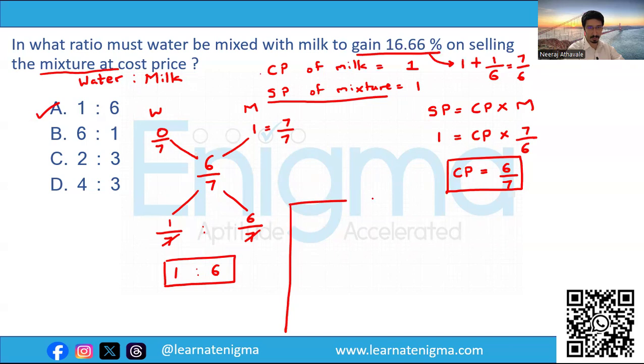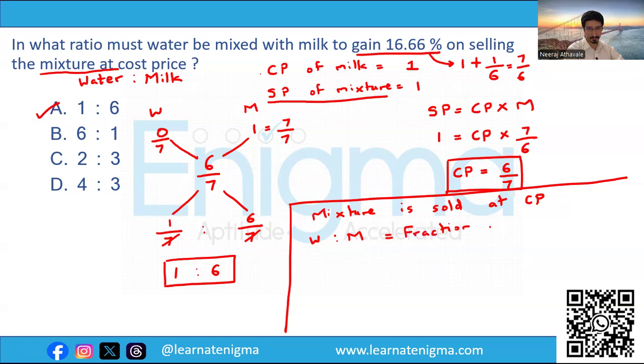Now there is a shortcut trick over here as well. It is applicable when the mixture is sold at cost price. When the mixture is sold at cost price, water to milk ratio is nothing but the fraction equivalent of the profit percentage.